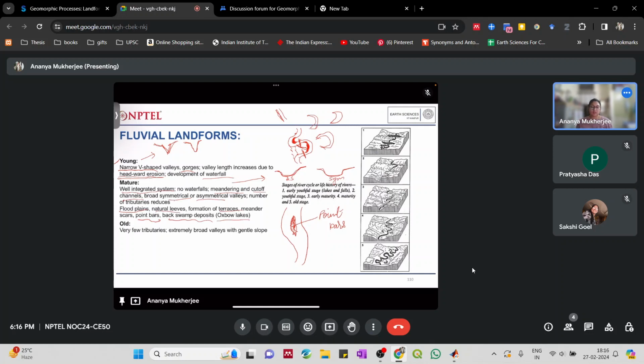So with this, why they are saying that the number of tributaries reduces in the mature stage is because most of the channels which are present at the younger stages are very narrow in nature.